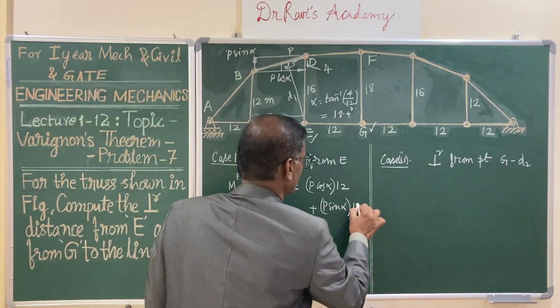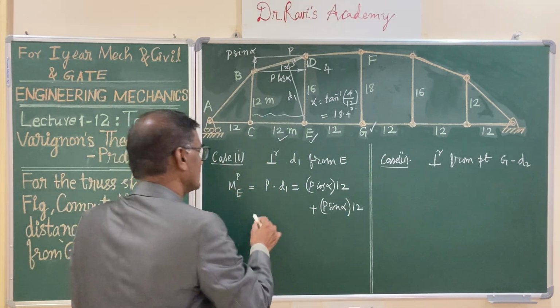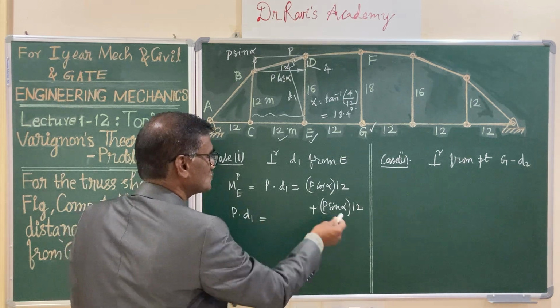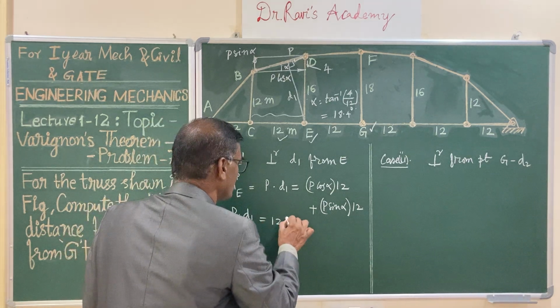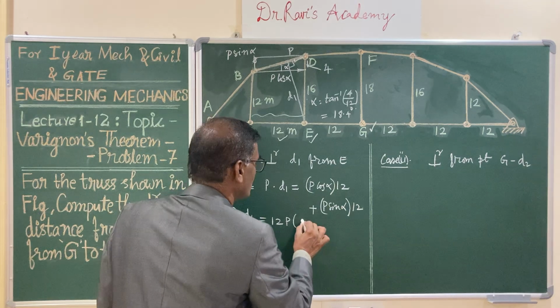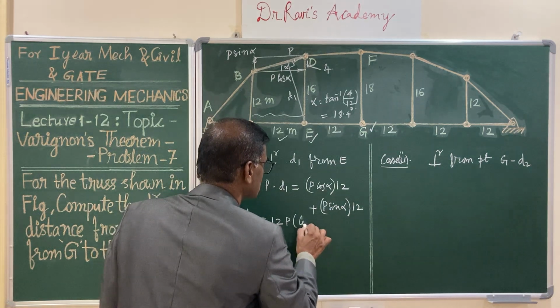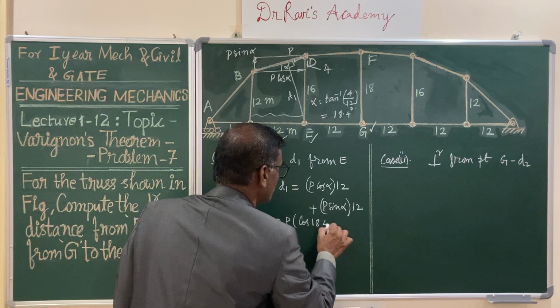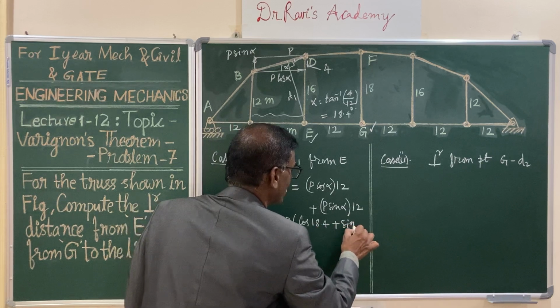So this is also 12, and let us rewrite: P into D1 is equal to 12P, taking 12P outside, times cos alpha plus sin alpha. Alpha is 18.4, so cos 18.4 plus sin 18.4.